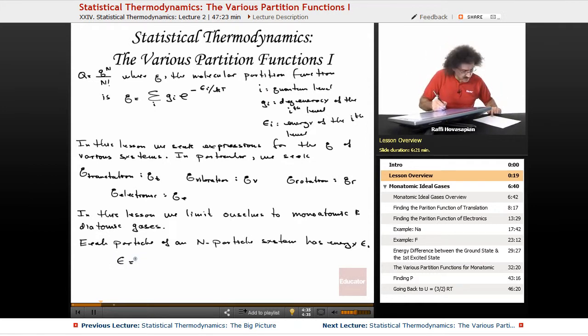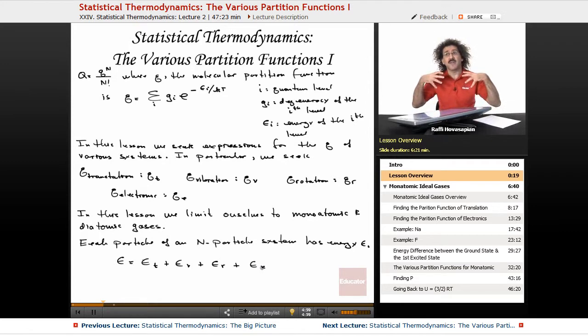It has translational energy, the energy of its motion. It has vibrational energy, in the case of a diatomic molecule, how much it's vibrating. It has rotational energy, if it's a diatomic or polyatomic molecule, it's rotating. And it has electronic energy, just by virtue of the electrons in that system.